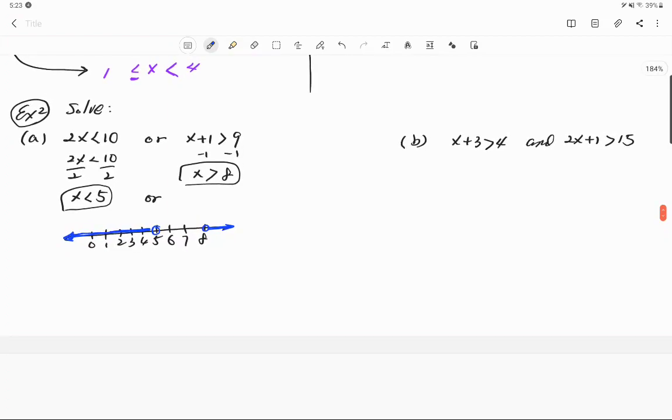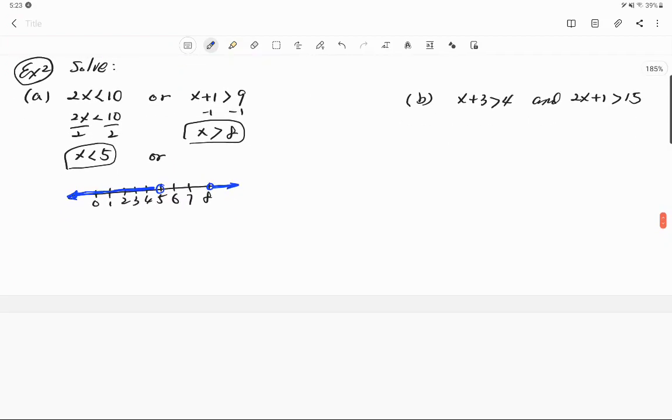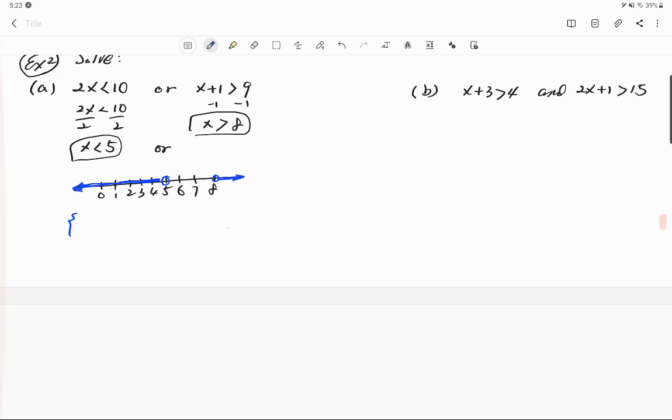And then there's another notation using set builder, which means we use set notation. You use the curly bracket like this, and then write down the variable x.